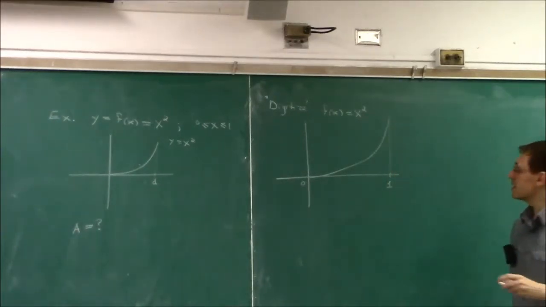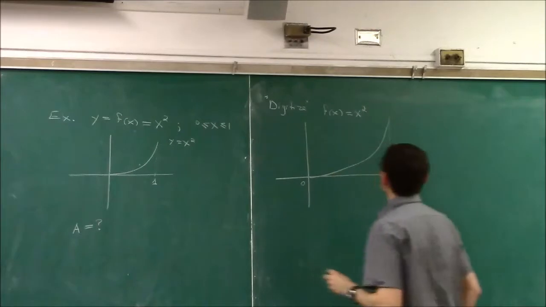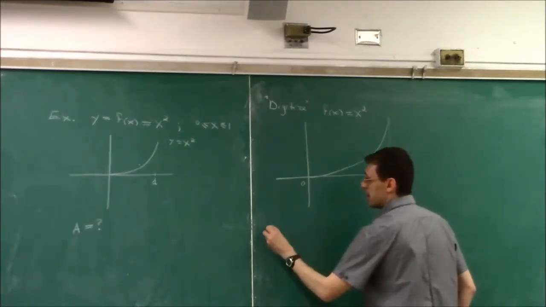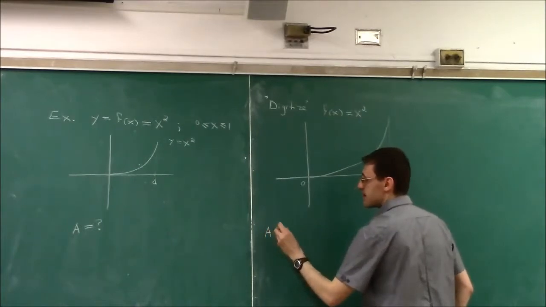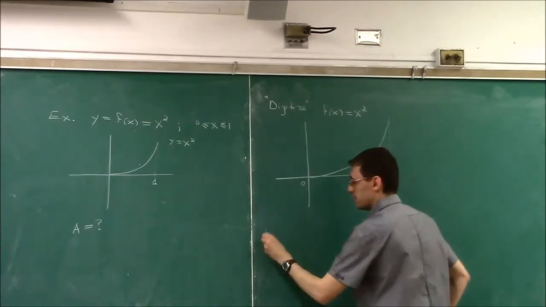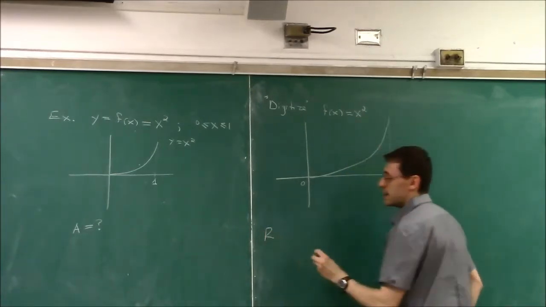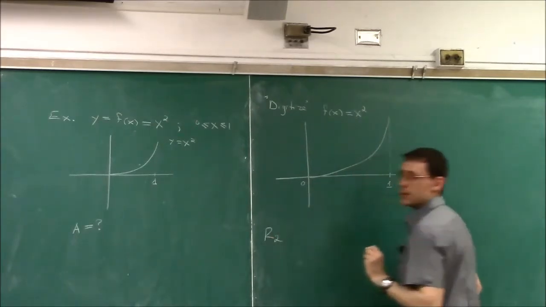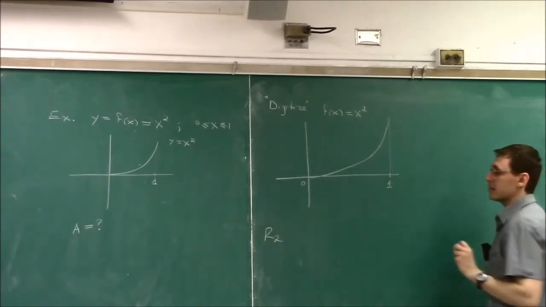So what we do is we are first going to approximate this shape by two rectangles. Let's approximate the area, call it R sub 2. So approximate area with two rectangles.